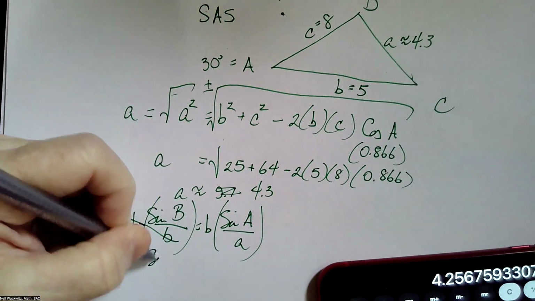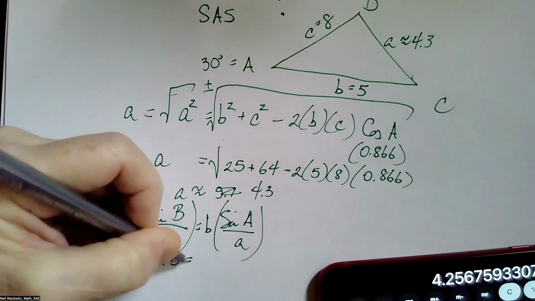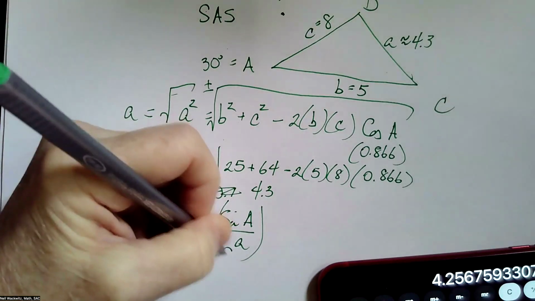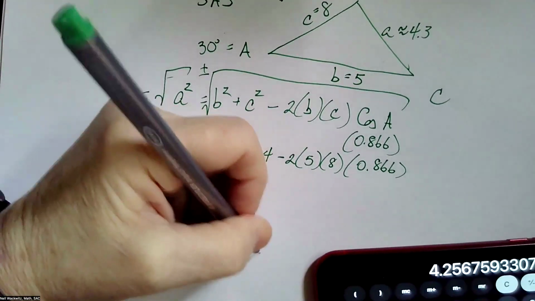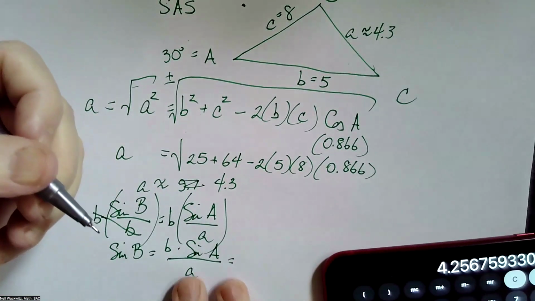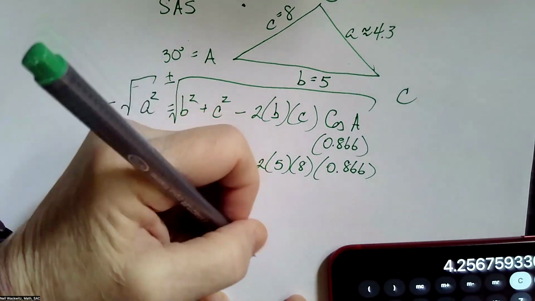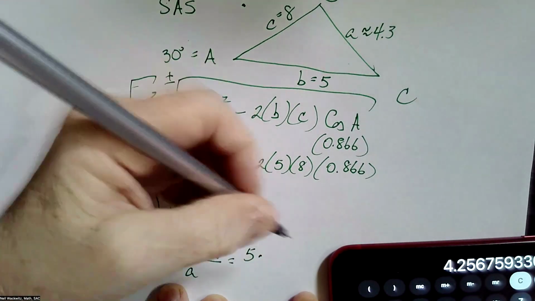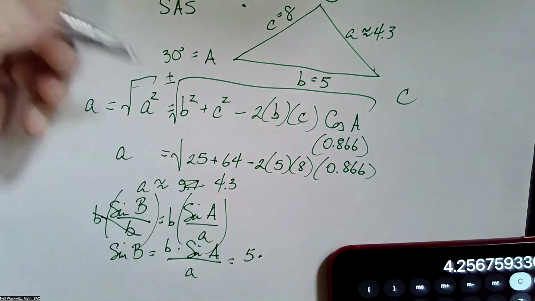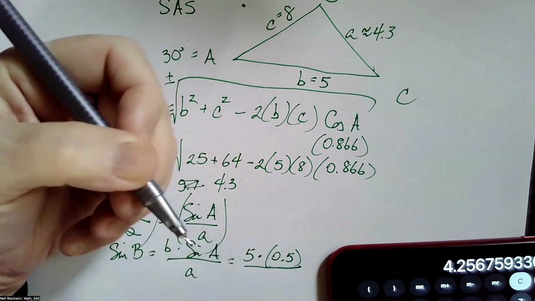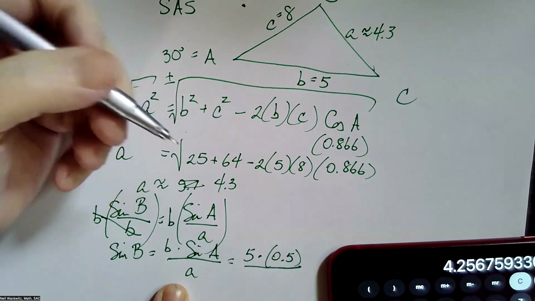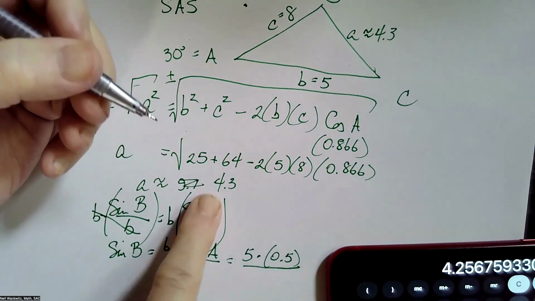So we got that the sine of angle B is little b times the sine of angle A divided by little a. And that is 5 times, well, we know what the sine of 30 is. That's 1/2. And we said that little a was approximately 4.3.